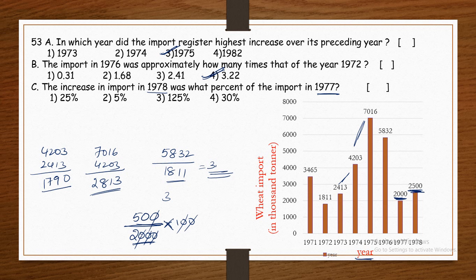So 50 by 2 is 25. So the increase in import was 25% of the import in 1977. So the answer is 25%. Likewise, whether the data is given in a pie chart or bar graph, you need to utilize the data and answer the questions.